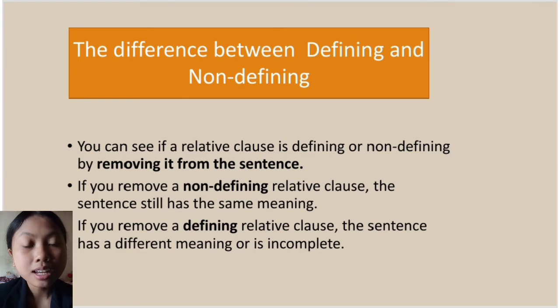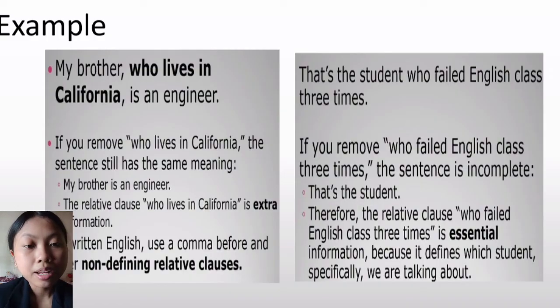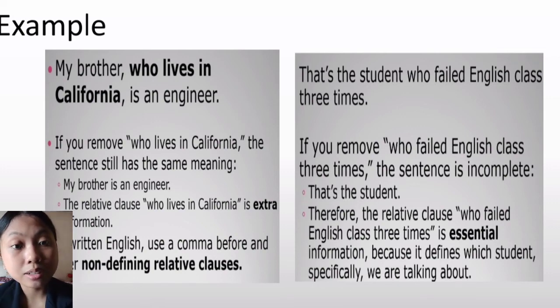So we have the example here. My brother, comma, who lives in California, comma, is an engineer. If we remove who lives in California, the sentence still has the same meaning. It could be, my brother is an engineer. The relative clause who lives in California is just extra information.